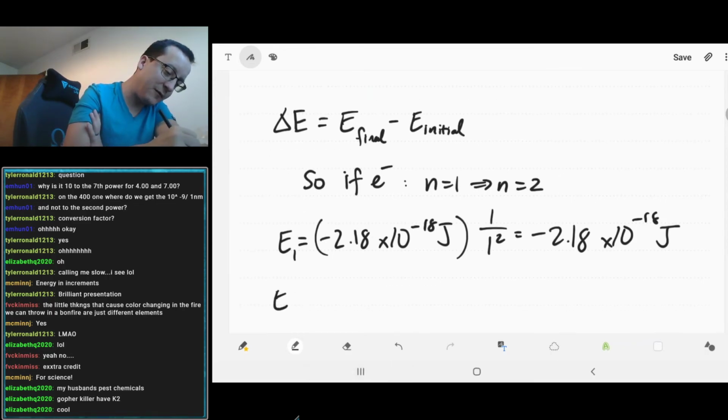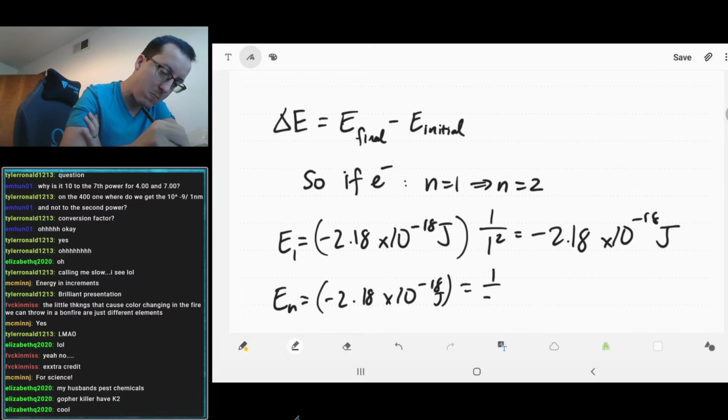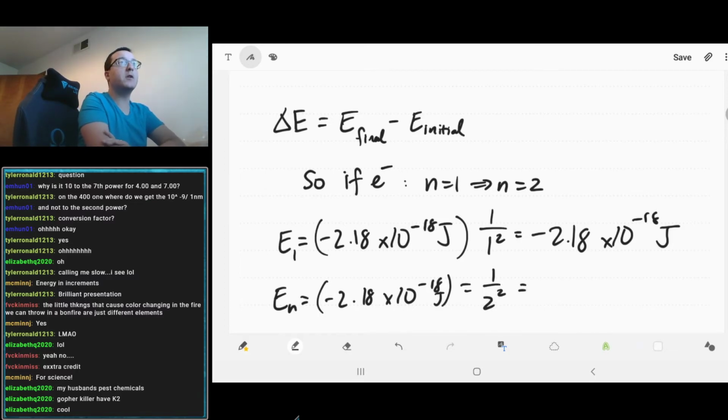For the energy for n equals 2, that would be negative 2.18 times 10 to the negative 18 divided by 4.